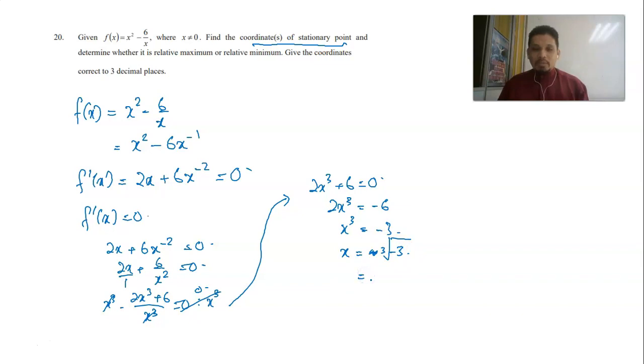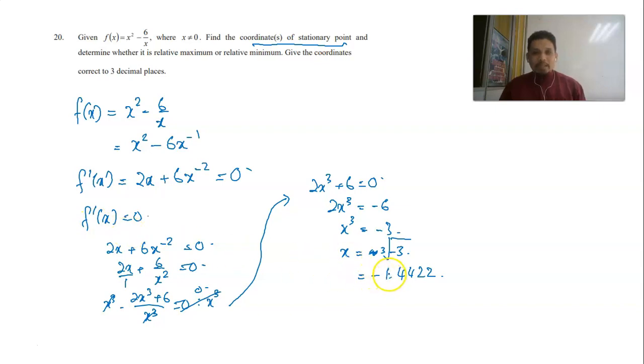If you change it into a decimal value, this is negative 1.4422. From the first derivative test, we get the value of x here.